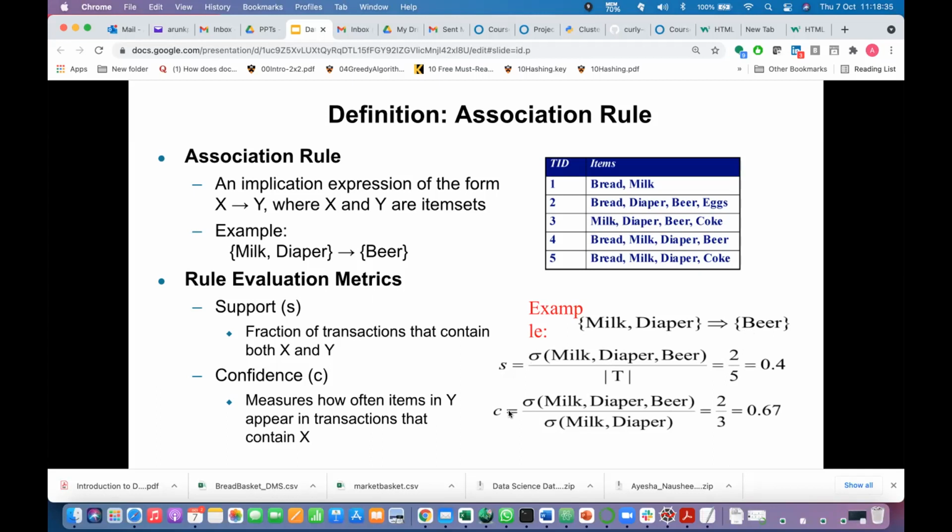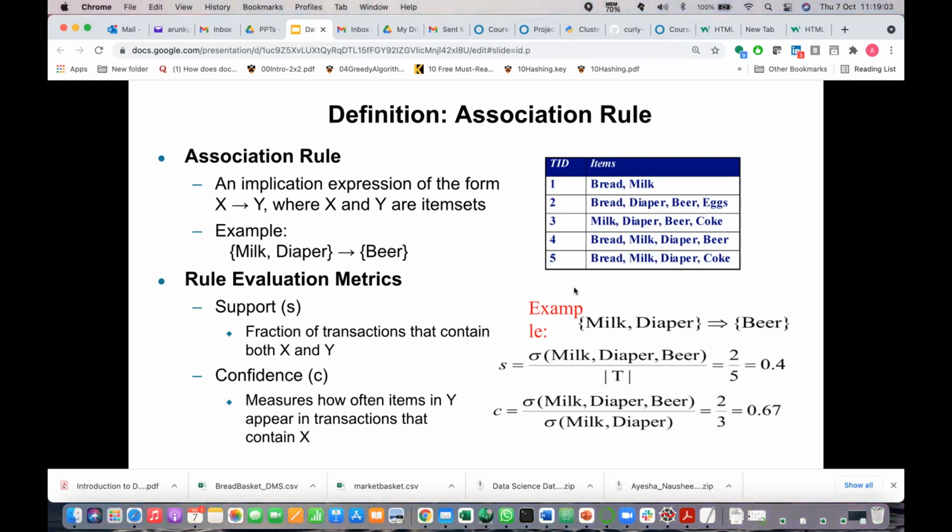Then how do we compute the confidence? It is the support of milk, diaper, beer divided by the support of milk and diaper, in the same transaction set. The support count of milk, diaper, beer is 2.